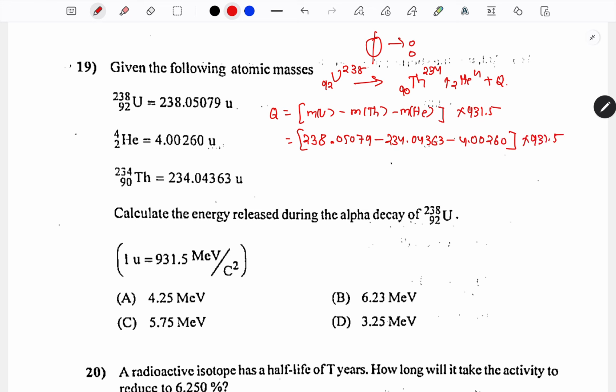Again, I think this is a mathematics paper instead of a physics paper. And the answer will be 0.00456 multiplied by 931 MeV, which is 4.2476 MeV. So it is equal to 4.25 MeV. Answer will be A.